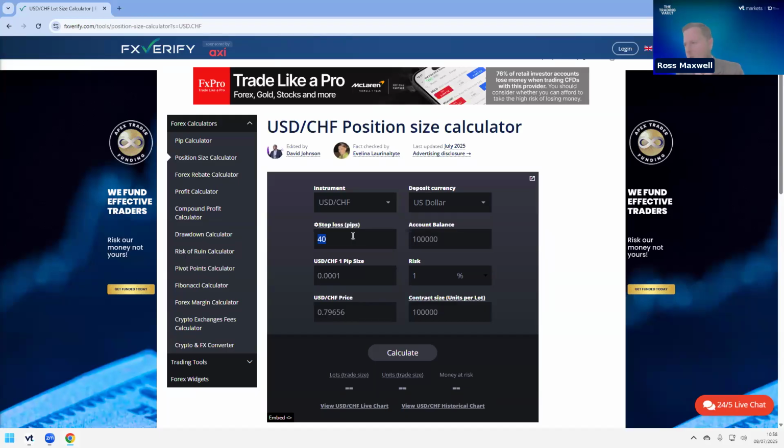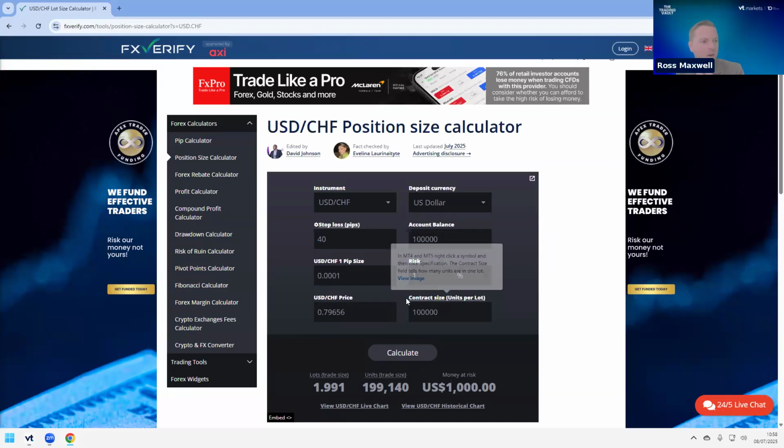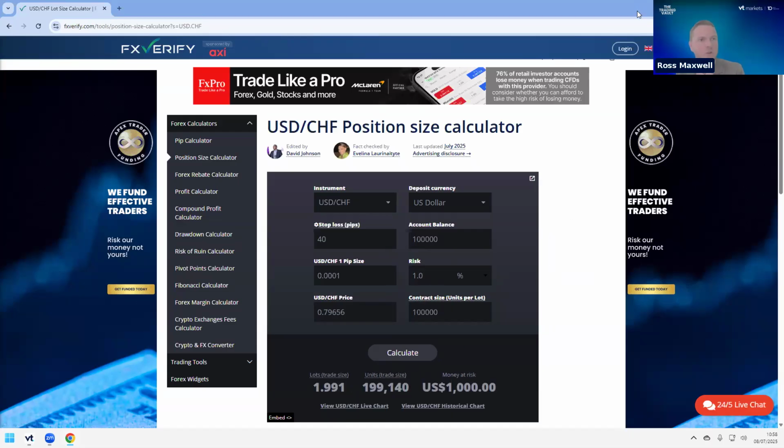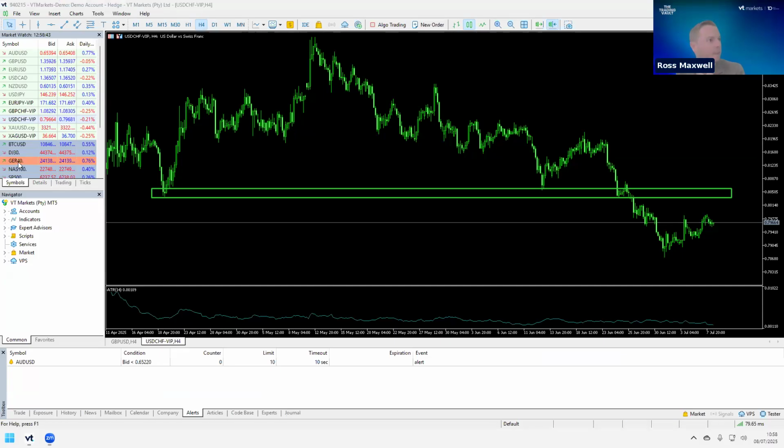So stop loss, again, we've said 25 pip wide zone, so we're going to be looking around 40 pips again, and 1.99, so we can round it up to 2 lots. Again, if you wanted to trade 0.75%, it will adjust it for you. But I trade 1%, so we're looking at a two lot order.